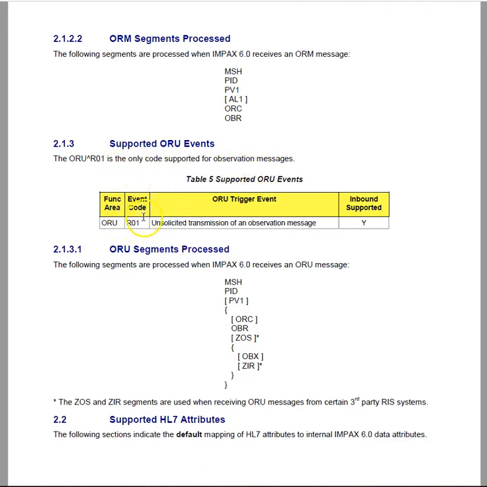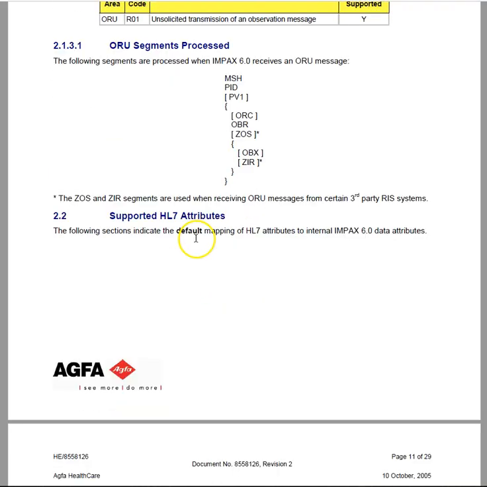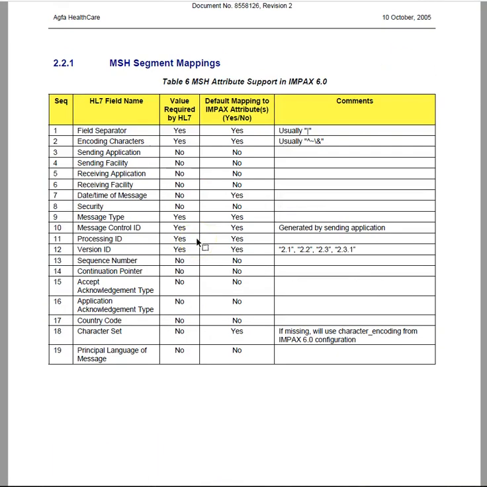Again, you have the supported event code for ORUs, the segment sequence for ORUs, and now you have the segment mappings. Okay, right? So in an MSH segment, field 1 should be the field separator. It's required, and in the comments it's usually the vertical bar. Field 2, the encoding characters.